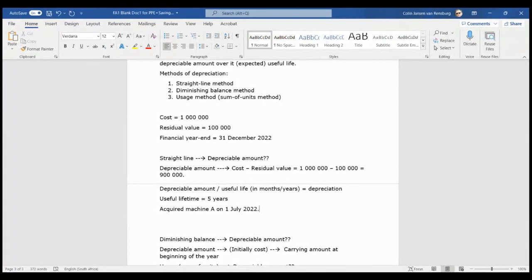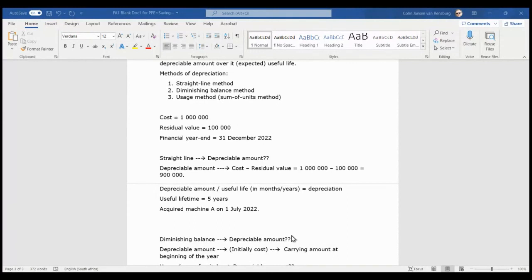Let me just go to the chat quickly. Yes, Letu, is there a case where we have to calculate the residual value? Let me think about that.